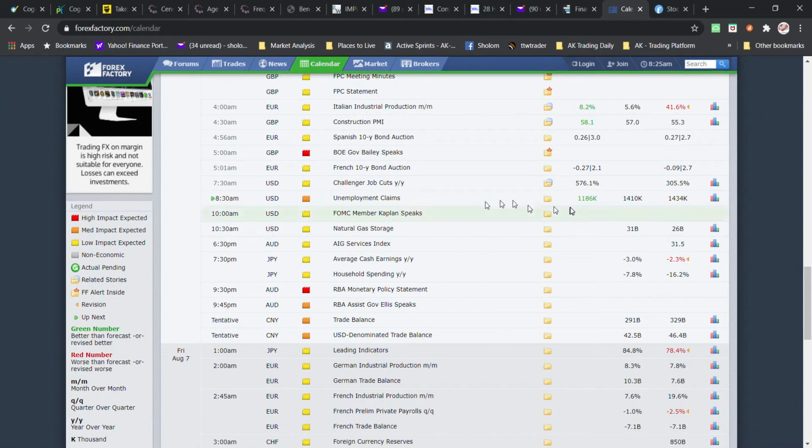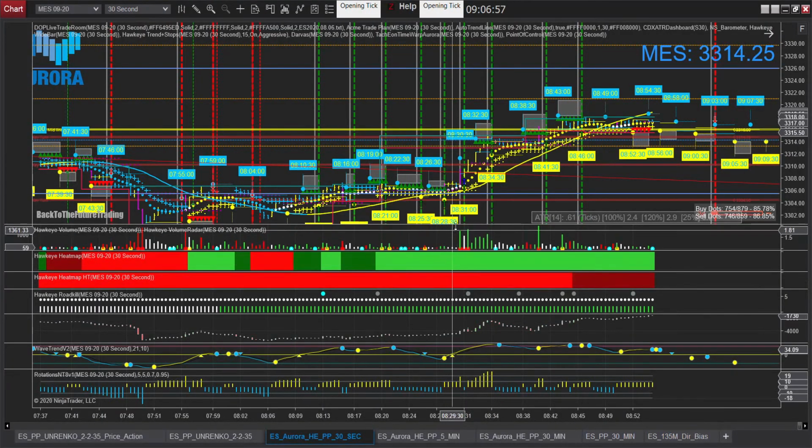Taking a look at the unemployment number, so forecasted was 1410K, and we got 1186K. So big reduction in unemployment claims. These are government-generated numbers. I don't know how much weight people actually put into them or how accurate they are. But what this trade shows, and basically the trade happens right at 8:30.